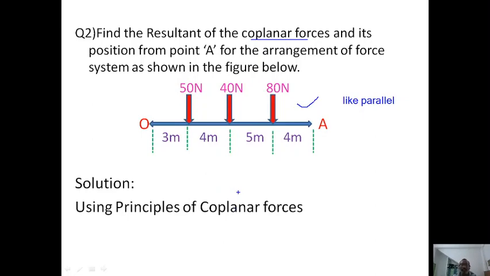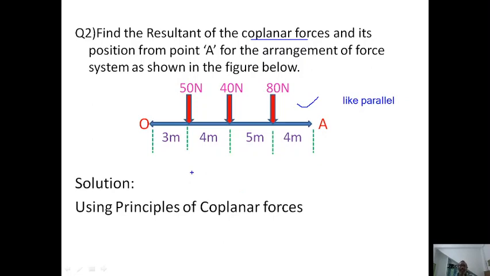Now, apply the rules we learned for the coplanar system. You know that the resultant is equal to the algebraic sum of the forces. For the like parallel system, there is no algebraic sum, it is just a summation, because all are in one direction, hence all are positive. Therefore, R is equal to sigma Fy, that is equal to 50 Newton plus 40 Newton plus 80 Newton, right?